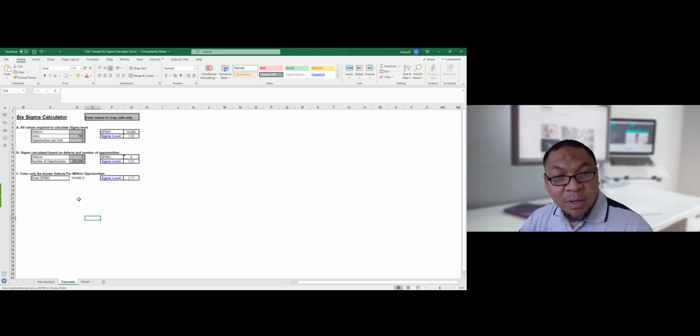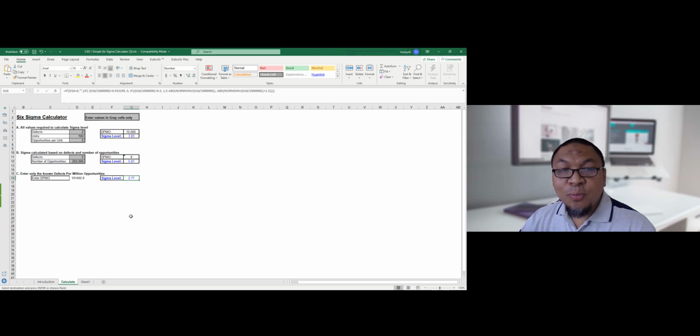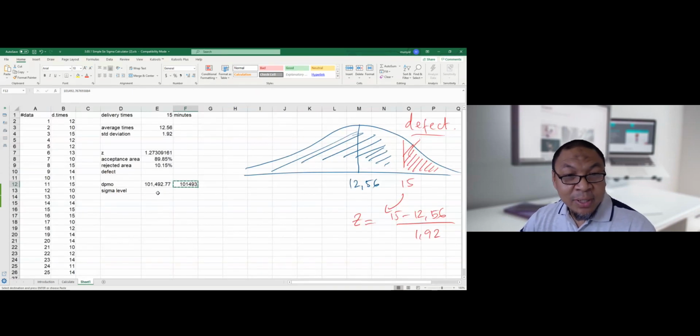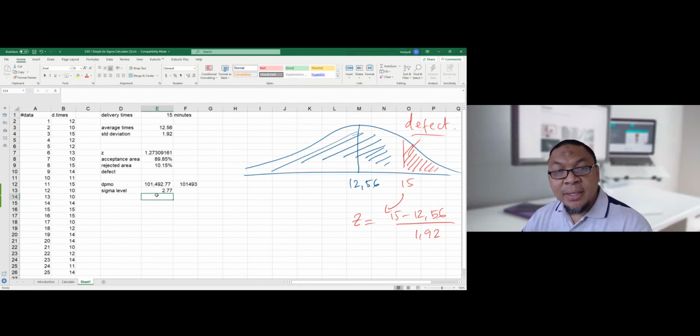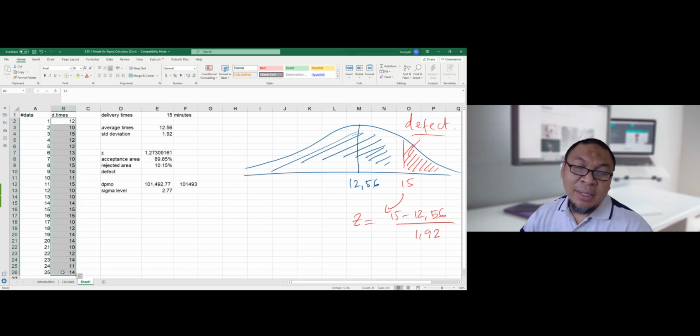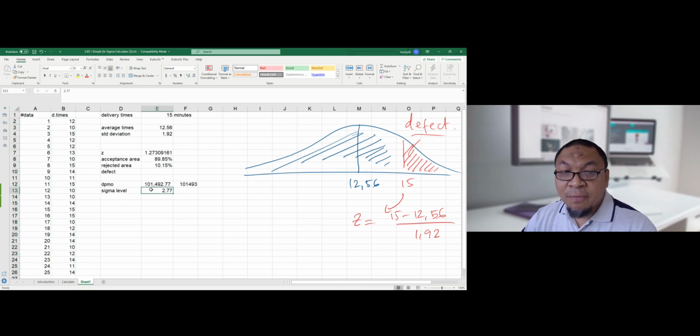With 101,000 defects per million opportunities, the sigma level is 2.77. From this illustration, although the process sounds good because no data is more than 15 minutes, the standard deviation of 1.9 minutes will in the long term make about 101,000 defects per million, and because of that your sigma level is 2.77.